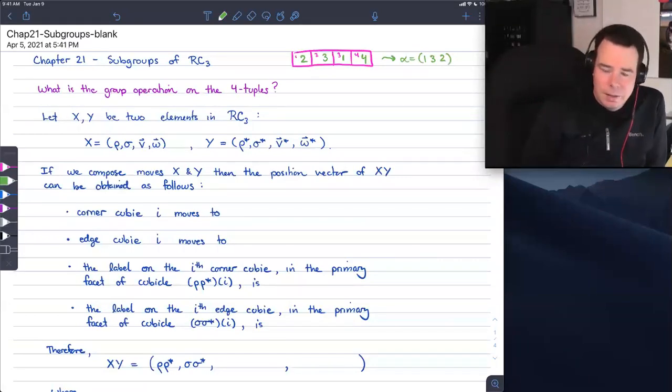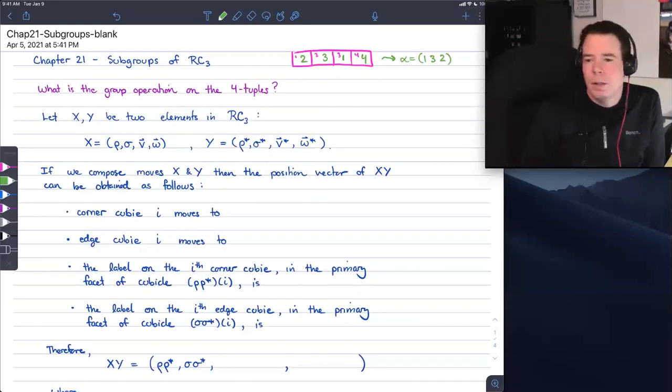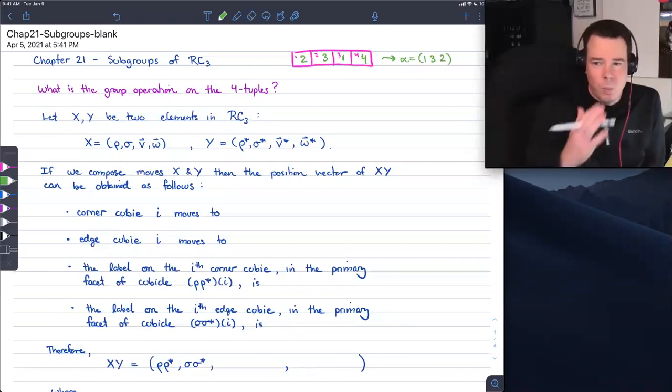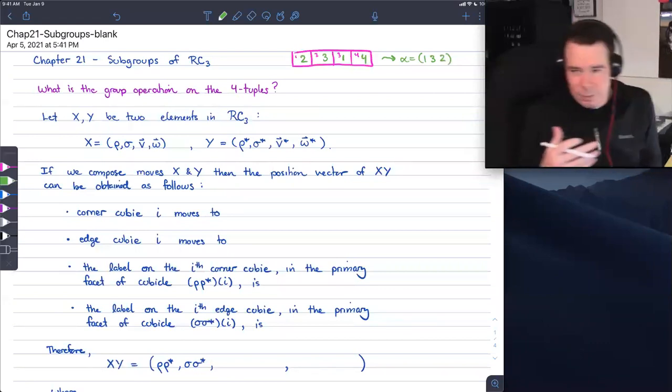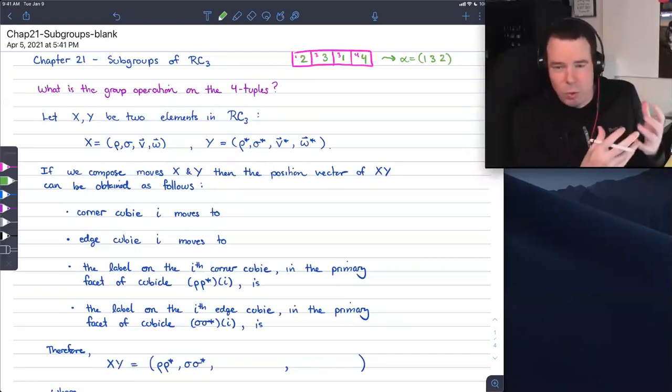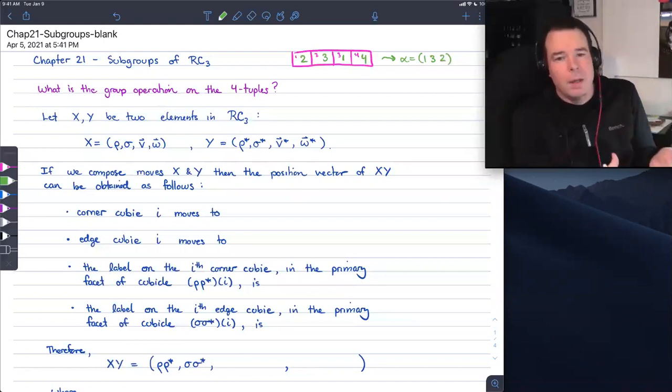And then the next thing we did was we said, hey, what we could also do is encode a move as a permutation. And what was the way we did that? We said wherever the tile was, where it originally started before you did the move, figure out where it ended up now.